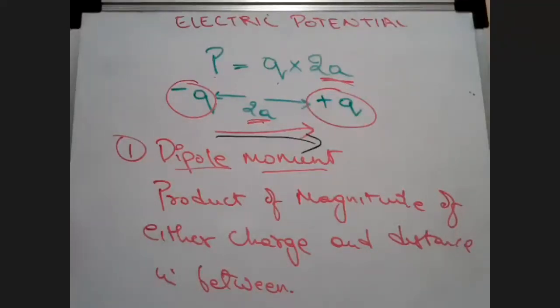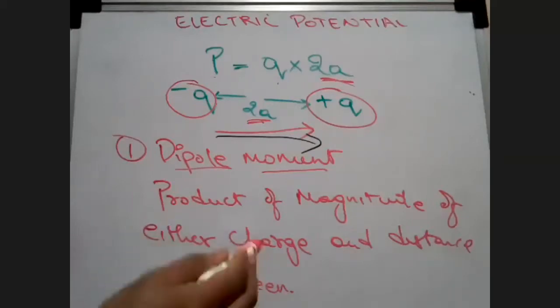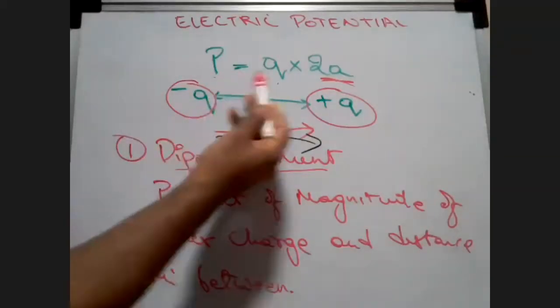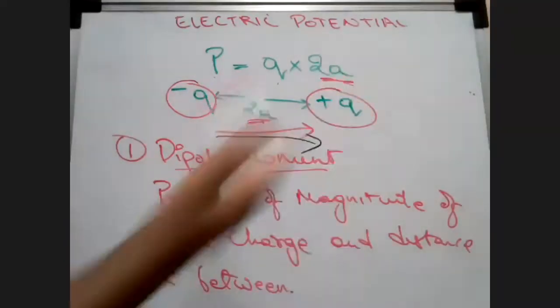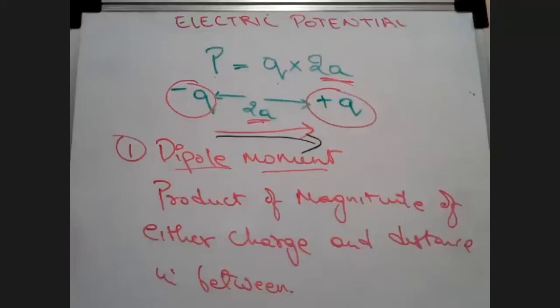Sir, can you repeat what you said? Yeah. See, listen. You understood the dipole moment definition? Yes, sir. So you must have understood that P is equal to Q into 2a. It's the magnitude of one of the charges multiplied by the distance in between them. It's a basic product.